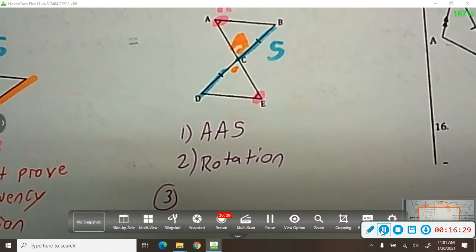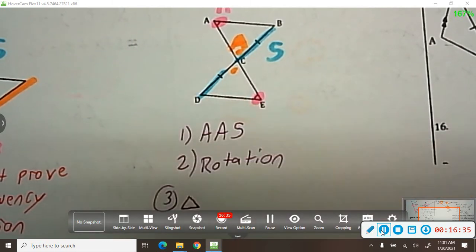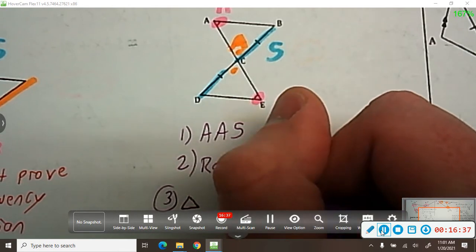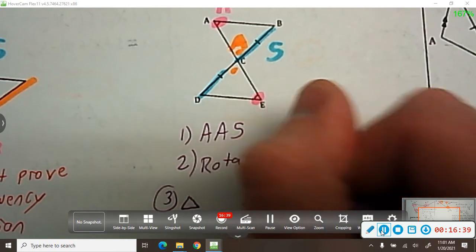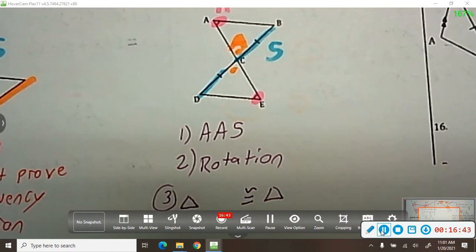Now this is very important, and you may not fully understand this part, but you're going to say triangle something with 3 letters is congruent to triangle something with 3 letters. The letter you start with doesn't matter, but the order does matter.